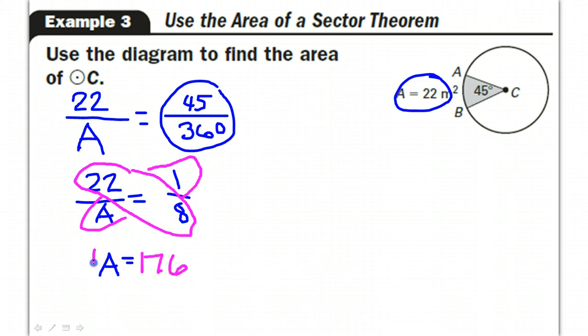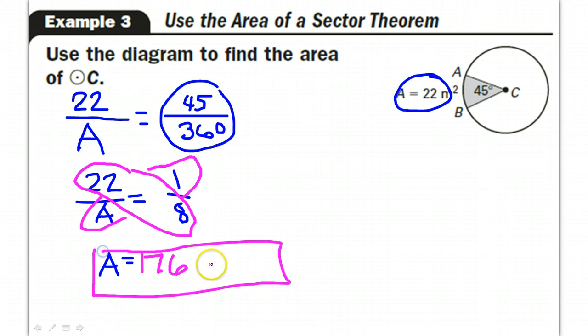Okay, so the area is 176, and if I want to be really specific, I'll say meters squared, square meters. I'm not going to mark it wrong if you forget that, but it's a good habit to get into.